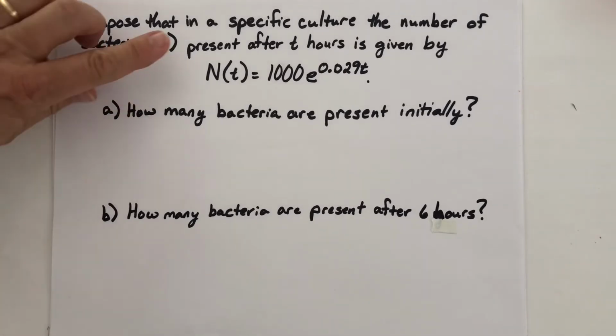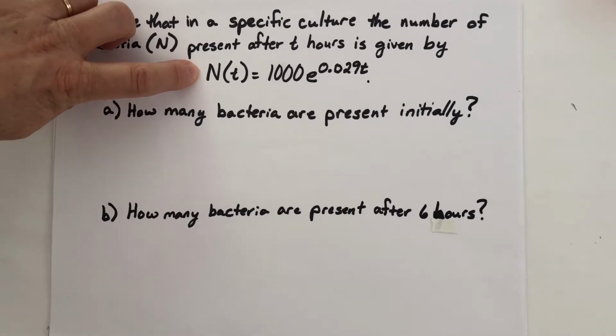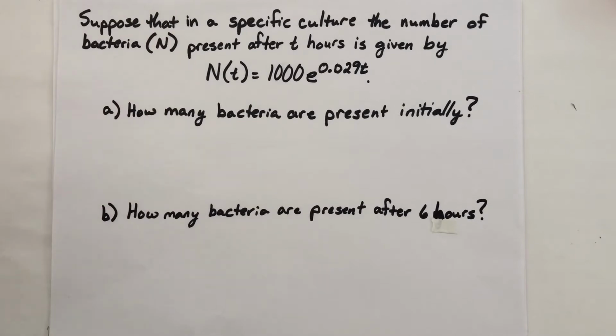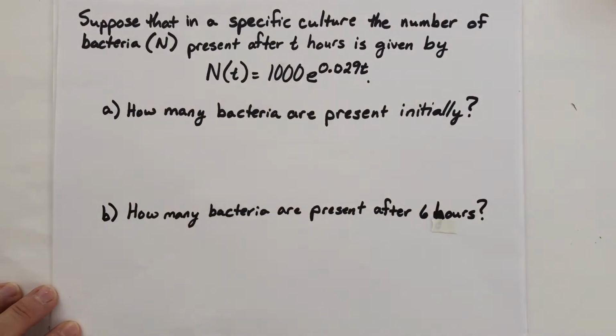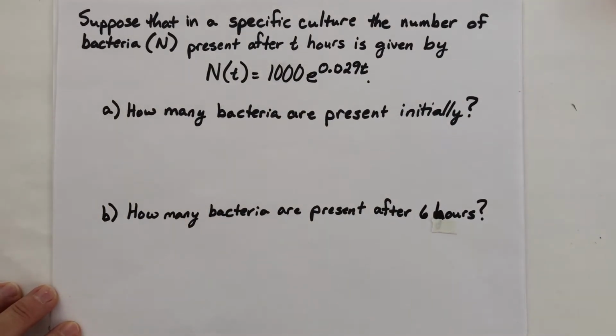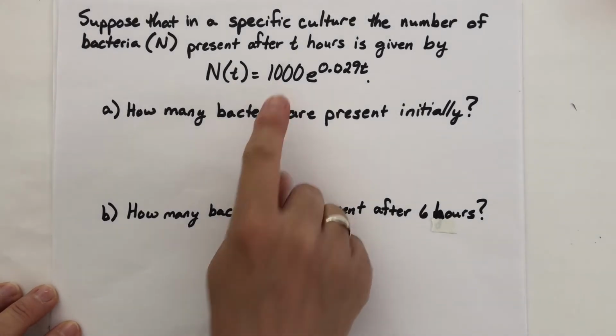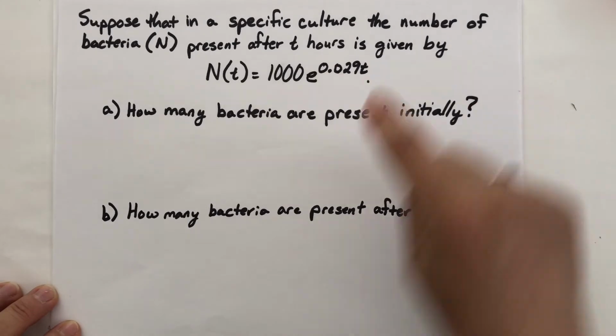So for this particular problem, the assumption is that the domain for this function will be 0 to infinity, so to speak, although that probably wouldn't be a good model at 2 trillion hours. But in any case, for this particular problem, we'll assume we'll put in positive values for t.